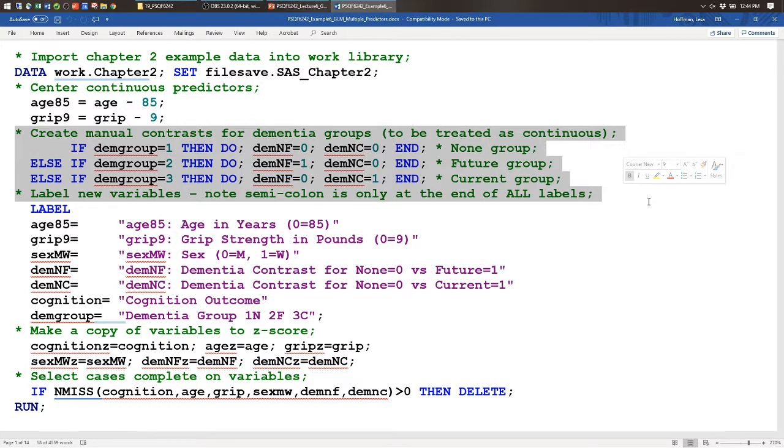Each of the predictors then contrasts that reference group, the none group, against the future group. That's the NF variable. And the NC variable is contrasting none with current. And foreshadowing, what will I have to do if I want to know future versus current? Estimate a linear combination of one minus the other. Yep.